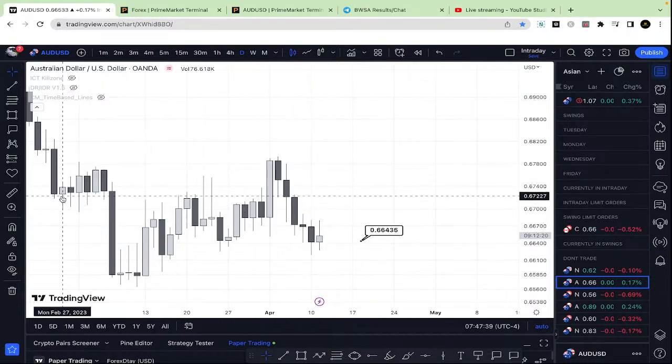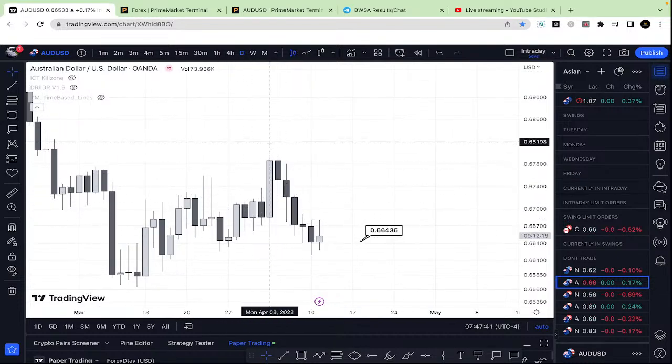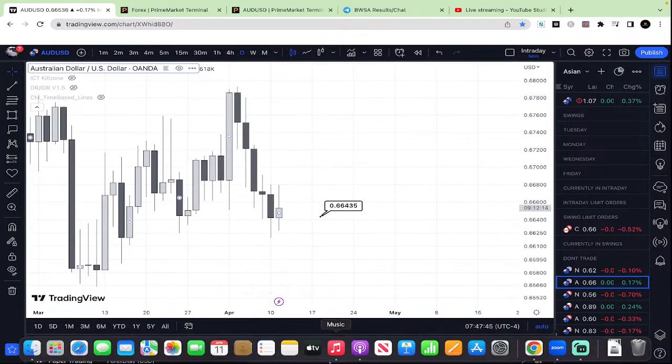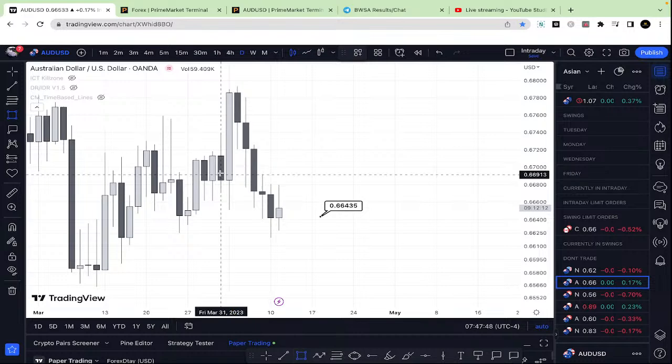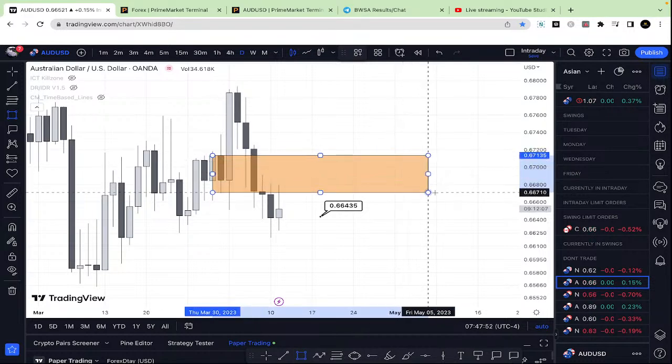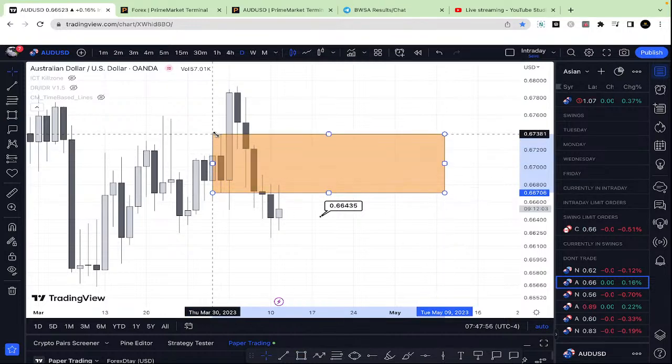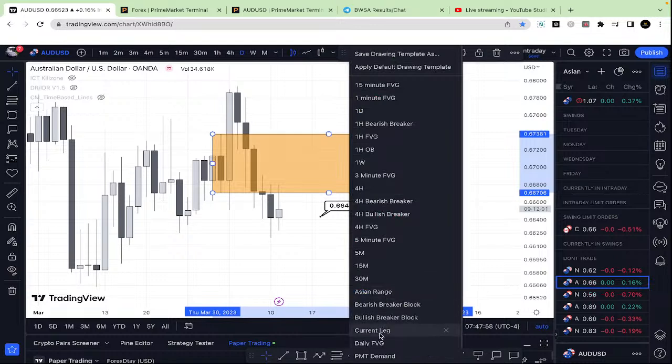You can see right here that price broke structure to the upside and violated the premise of this bearish candle right here. So that would make that a breaker. And I'm going to draw that in completely. It would be a daily breaker right here. Where is my daily breaker?